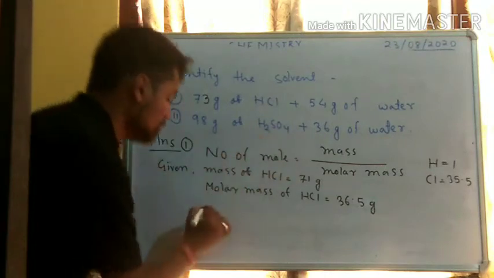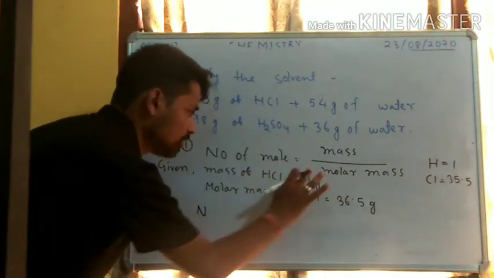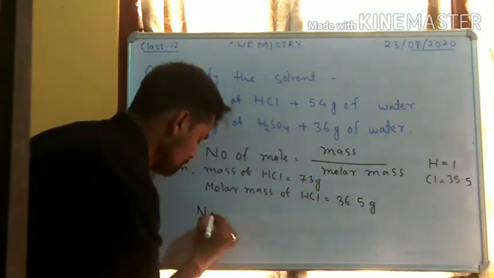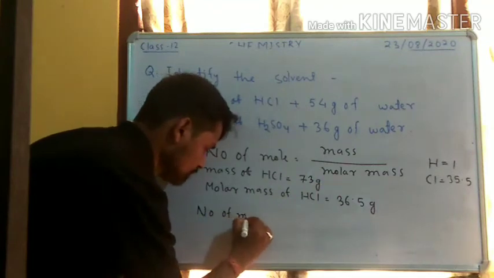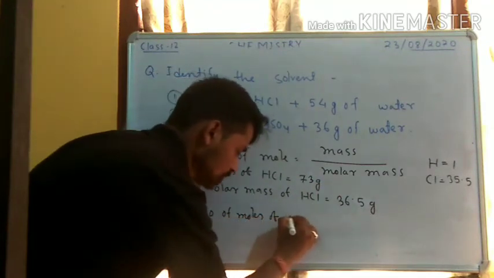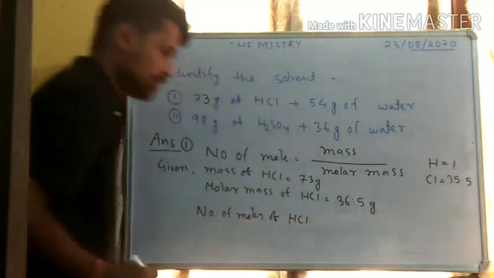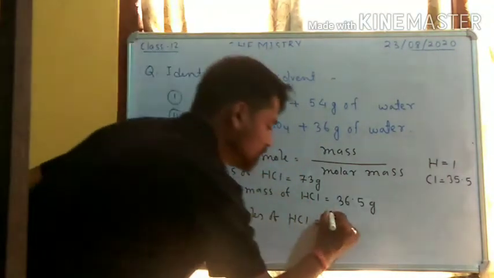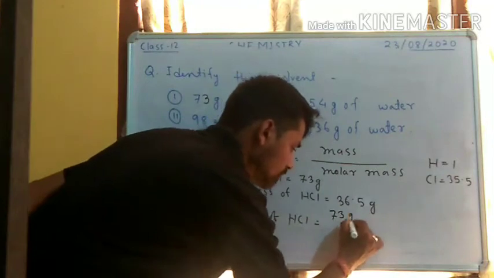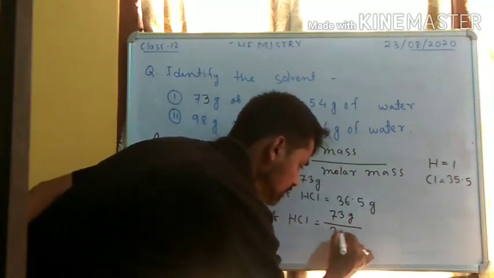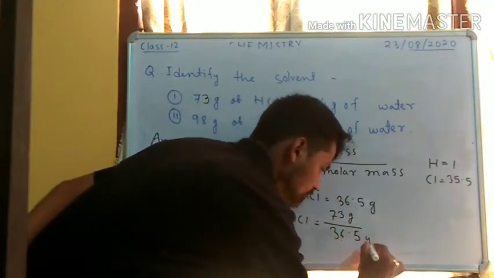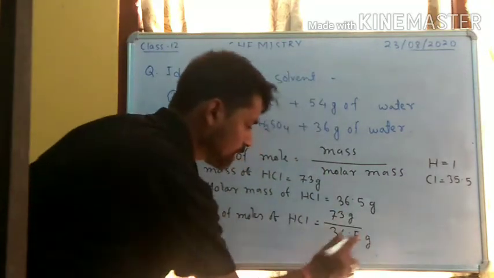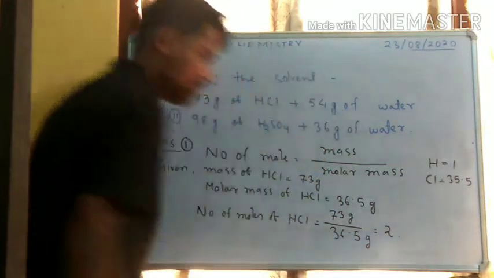So the number of moles of HCl equals mass 73 gram by molar mass 36.5 grams. So gram cancels, number of mole will be 2.